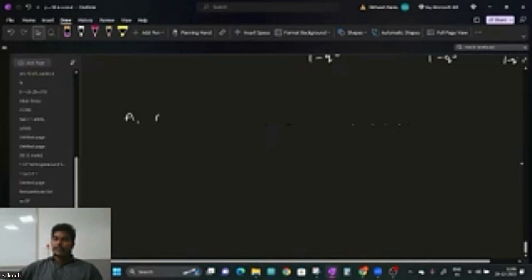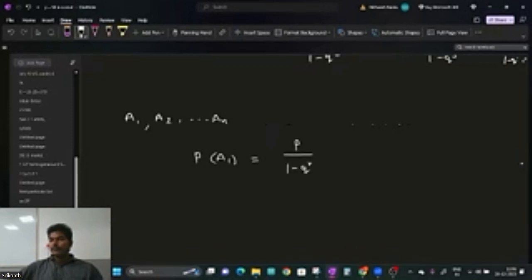N players are playing the game. Can you tell me the probability that the first person wins the game? P by 1 minus Q power N. What is the second person's winning probability? PQ by 1 minus Q power N and so on. In this way, you can define everyone's probability in the game.